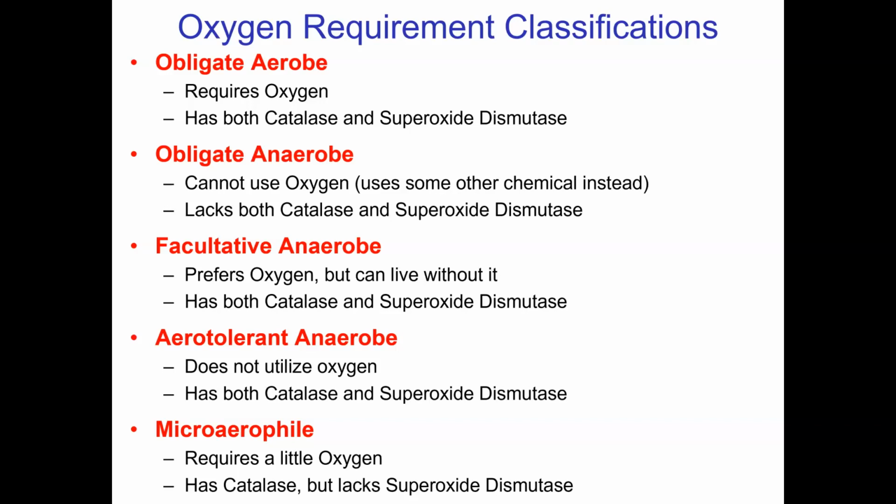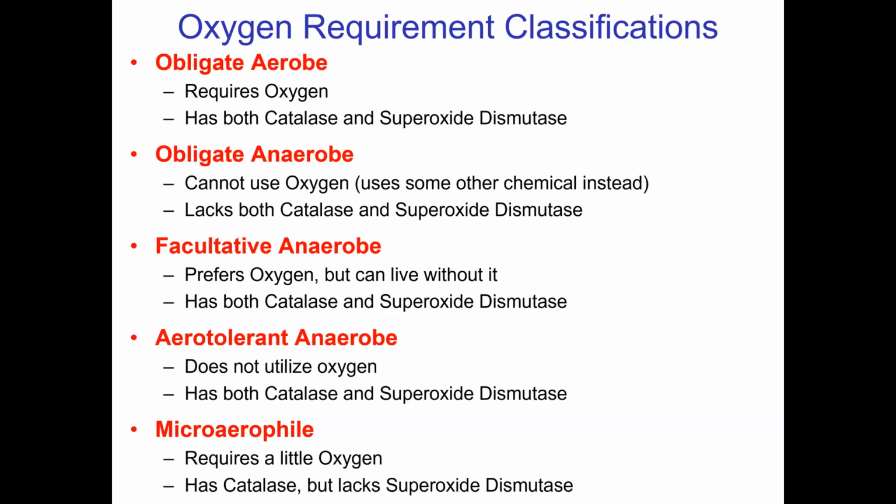Facultative anaerobes survive via fermentation. Okay, it's a slower lifestyle, but they can live without oxygen as well. Now, because most of them prefer oxygen, most of them will produce both catalase and superoxide dismutase because they have to tolerate that oxygen that they prefer. All right, so these are the three most common. Now for the oddballs.